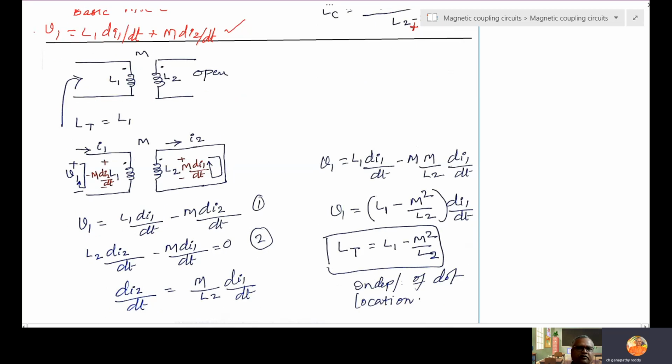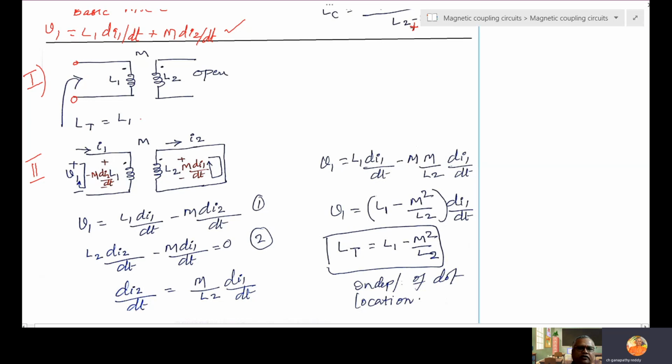Next, second one, transformer open and short with the basic coupling circuit. What is L equivalent? This is with the open, case 1. This is with short, case 2. So when secondary is open, what is L equivalent looking from primary side?